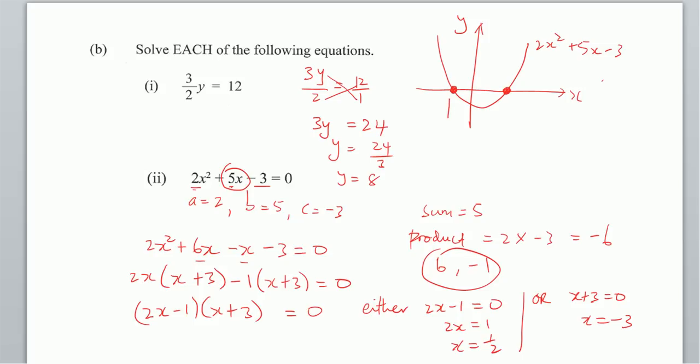And based on the solution that we got, it is cutting at minus 3, and it's also cutting at a half, right? This is not drawn to scale, it's slightly off, all right? So just make sure you understand when you solve a quadratic equation, you are actually finding where this equation cuts my x-axis. Okay, let's move on to the next part.